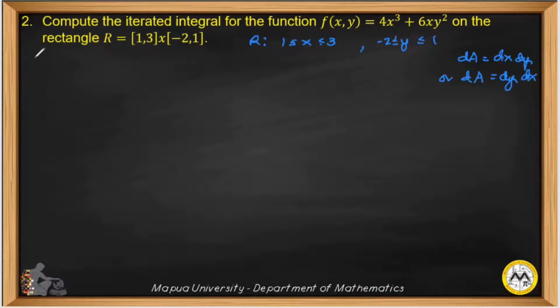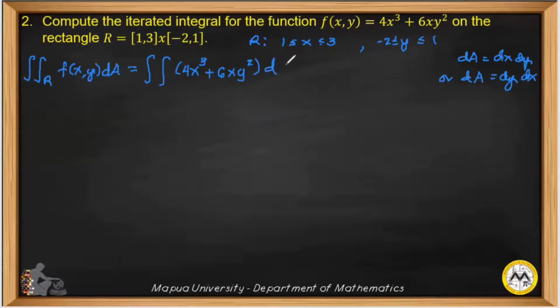Okay, meaning we will evaluate the double integral over the region R of f(x,y) times the differential of A, and we will consider the order where the differential of A is dx dy. So f(x,y) is 4x cubed plus 6xy squared dx dy. So the inner variable of integration is x.